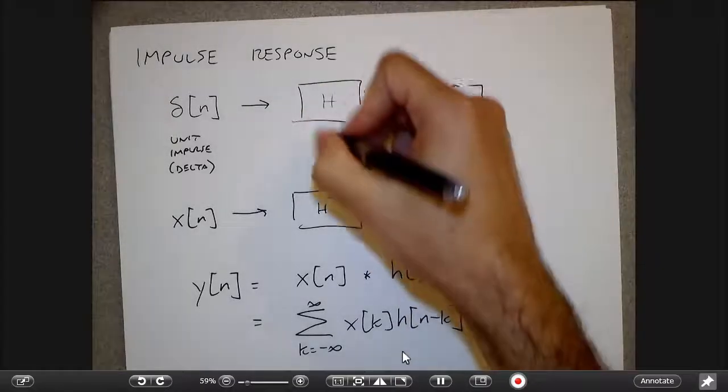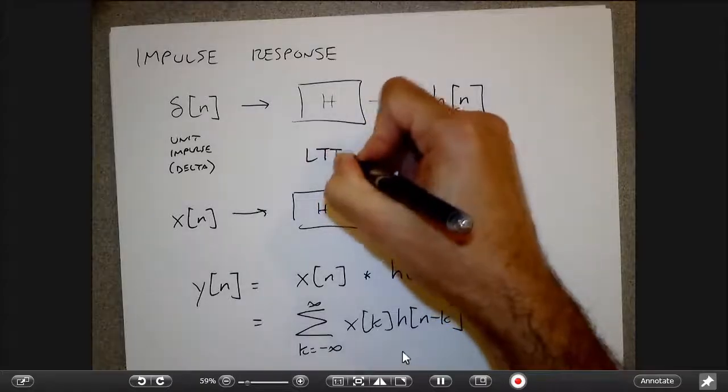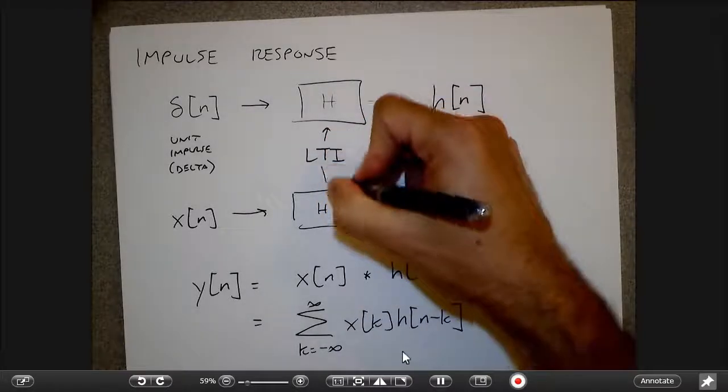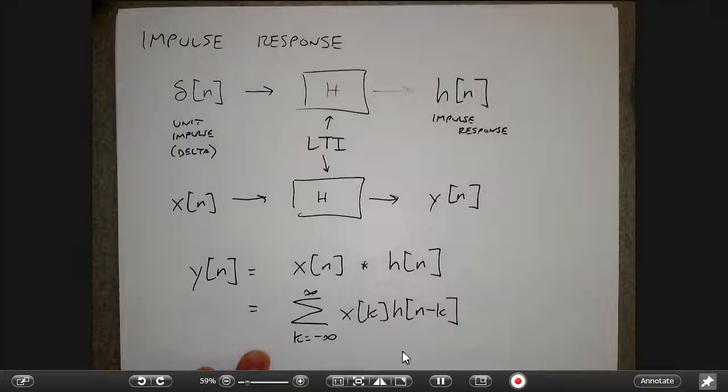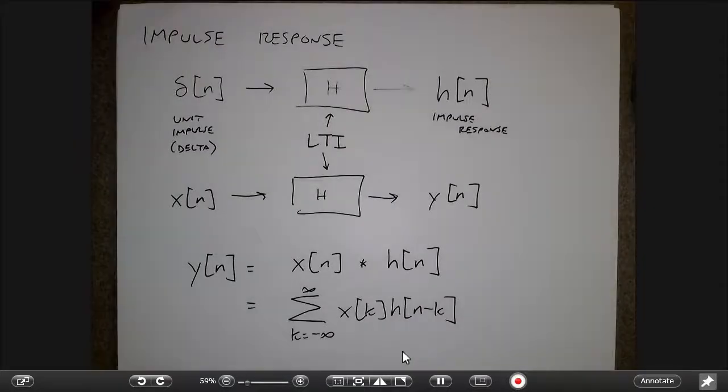To make this proper, the system in the first place has to be linear and time invariant. Those properties are that if I sum up two inputs to the system, I get the summed outputs, for example, and if I shift the input, I get the shifted output. Those are critical to make this whole thing work.